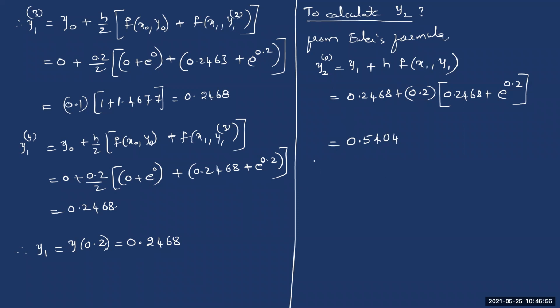Now this is the initial approximation to y2. We need to refine this to calculate the final value for y2. For that, as we know, we'll use the modified Euler's method.